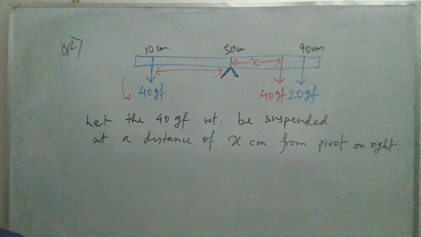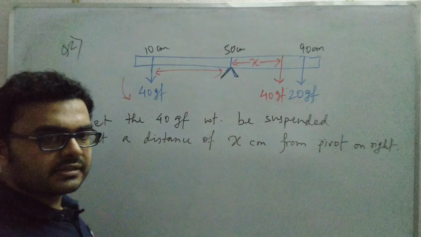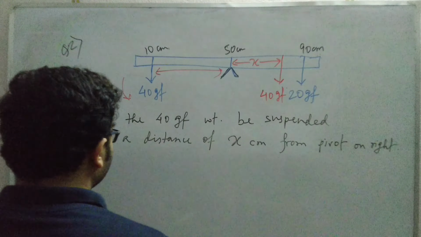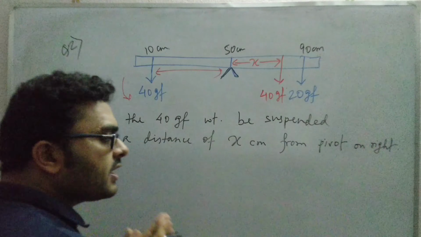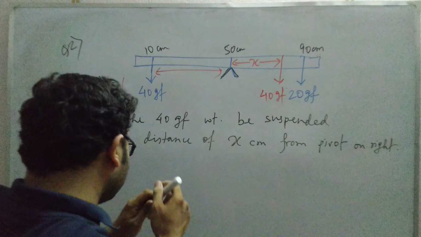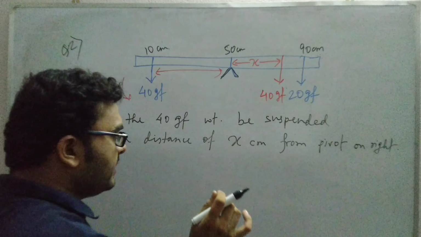Now we already know that there was an extra anti-clockwise moment. To balance that, this 40 GF weight will produce an additional clockwise moment that will counterbalance the extra anti-clockwise moment. You can do it in this way, it will be short.